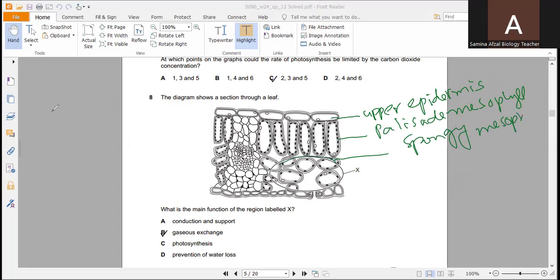The area X shows the intercellular air spaces, or we can simply say the air spaces, and the lower epidermis.